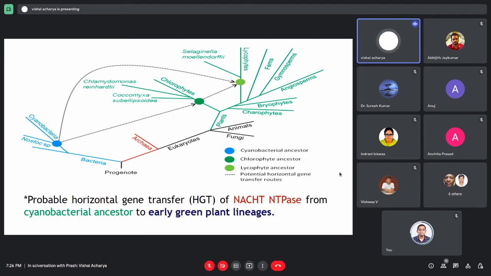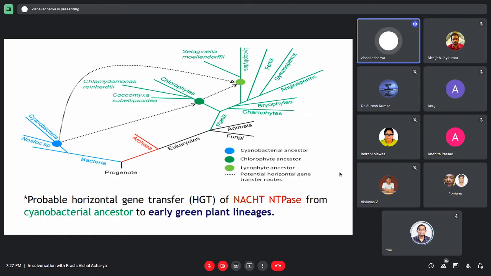That means the number of disease resistance genes is more, so it may not be required, so it may have been lost. Evolution itself is a big picture, so my work was attractive for Himalayan bioresources, how to go for evolution.